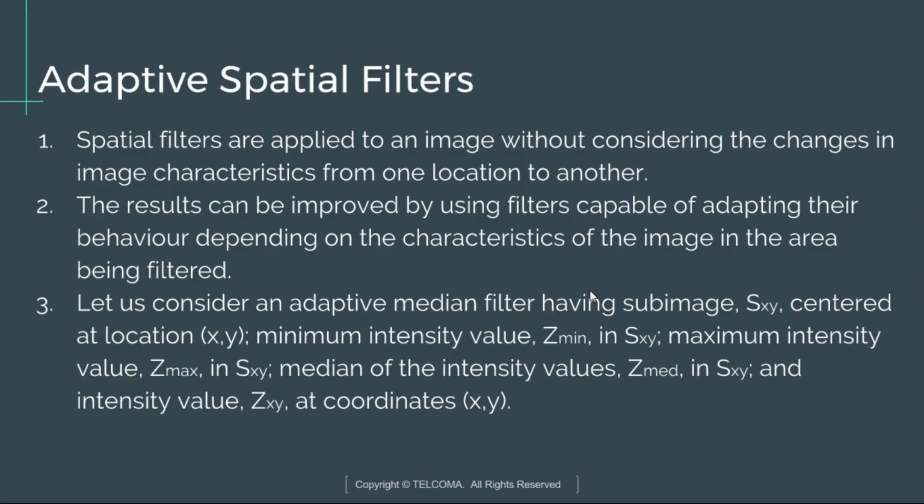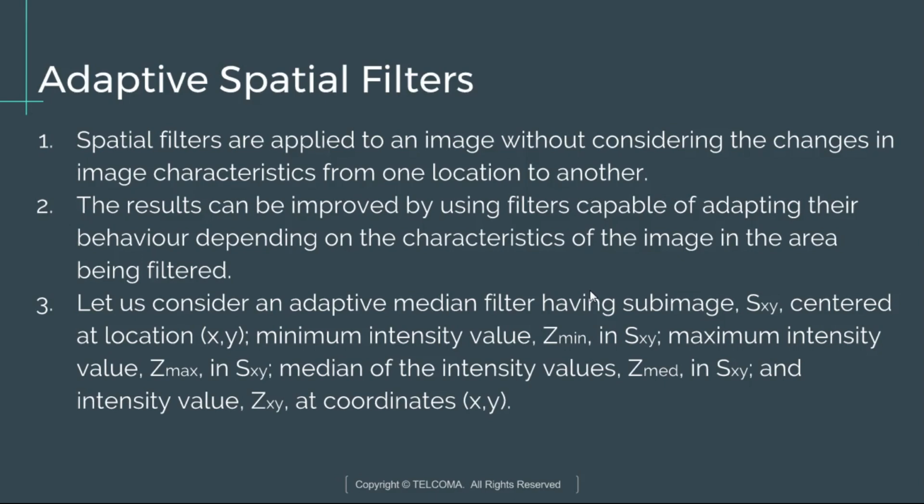Next is adaptive spatial filters. Spatial filters are applied to an image without considering the changes in image characteristics from one location to another. The results can be improved by using filters capable of adapting their behavior depending on the characteristics of the image in the area being filtered.